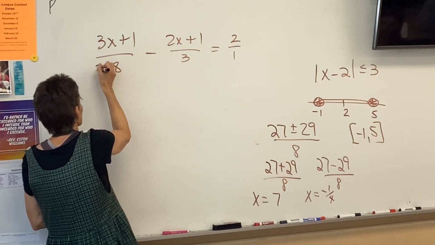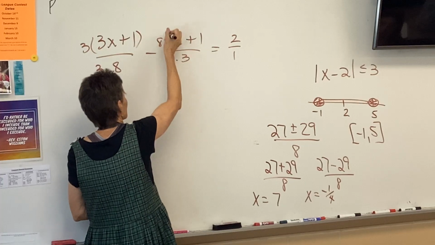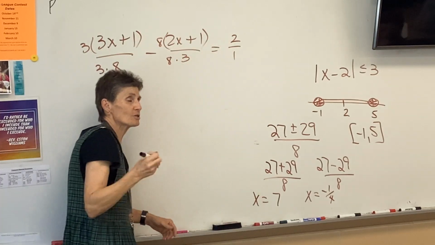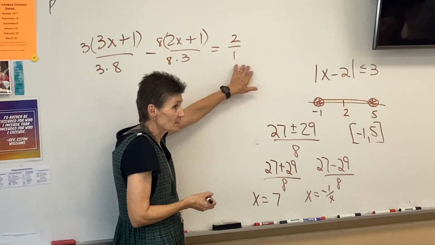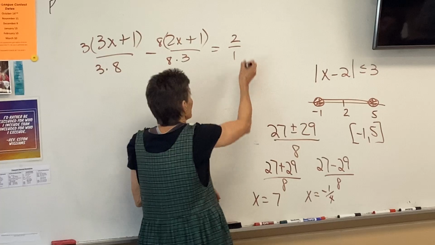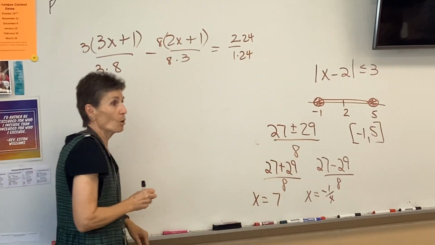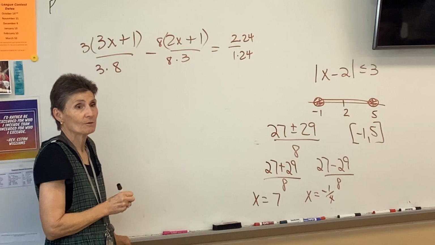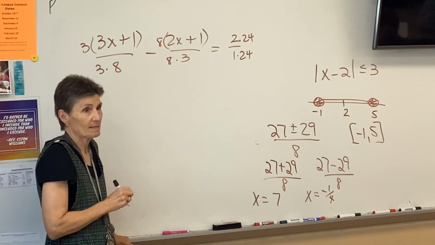So we'll multiply this one by 3, this one by 8. And you are so sick and tired of hearing me say it, but I'm gonna say it again. This one also has to have the common denominator. So we multiply by 24. So all of the denominators are 24. That's the key.